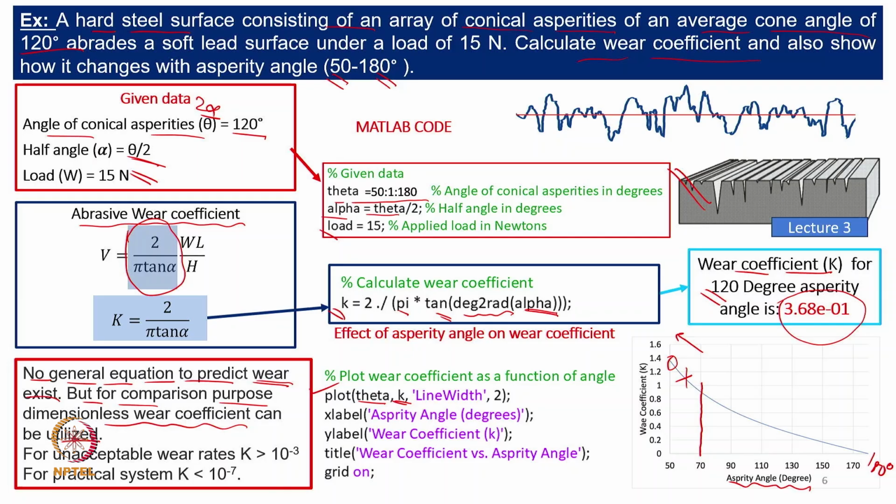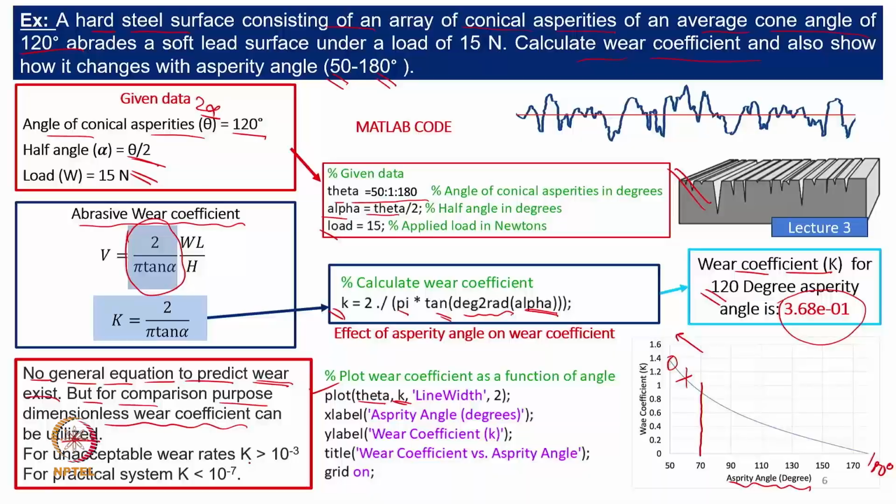So we can do a relative performance comparison, not absolute. What will be the wear rate between two materials or two different situations? If the value of k is more than 10 raised to minus 3, or 0.001, then it is an unacceptable case.